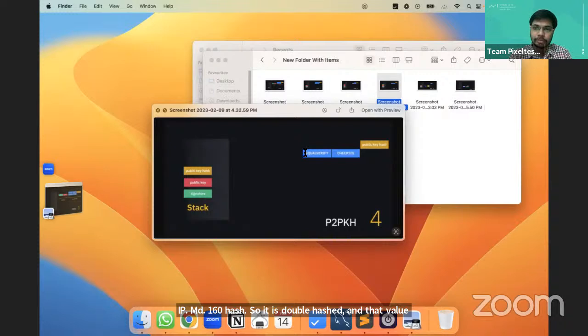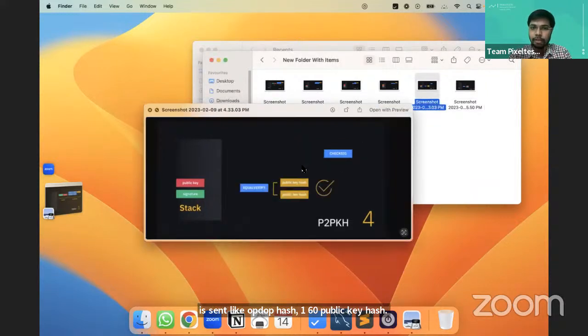So the next operation, the public key hash, which is sent like OP_DUP HASH160 public key hash, is also put into the stack, right? So once both of them are added, then the next operation, EQUALVERIFY, is going to verify if both of them are the same, right?